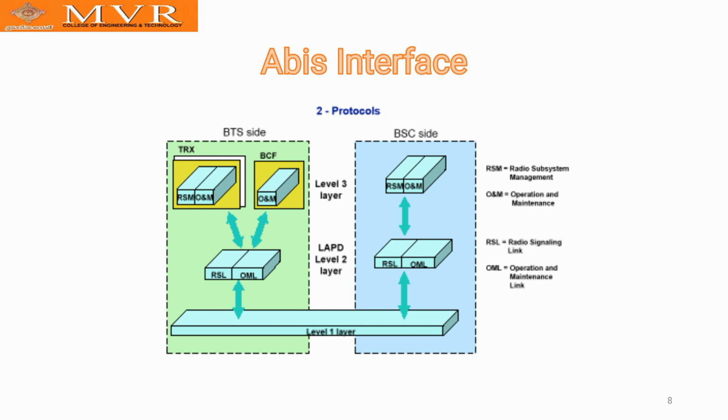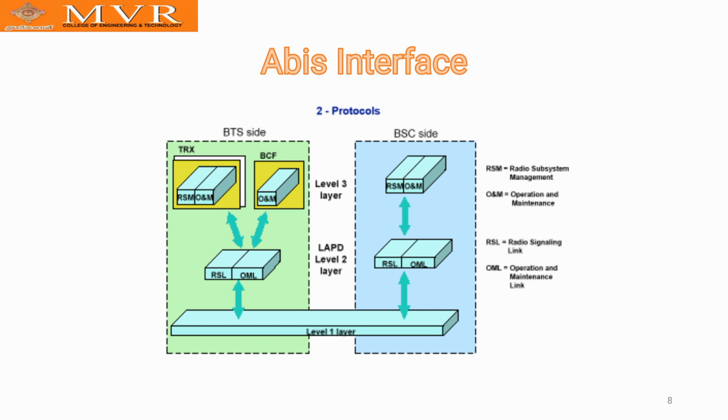In layer 3, it has the TRX and BCF, and in level 2, in the D channel, it has the link access protocol, with RSL radio signaling link and operation and maintenance link. Those all are in level 1. It will be layered by communicating from the BSC side to the BTS.